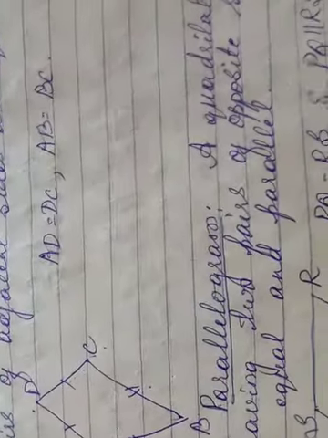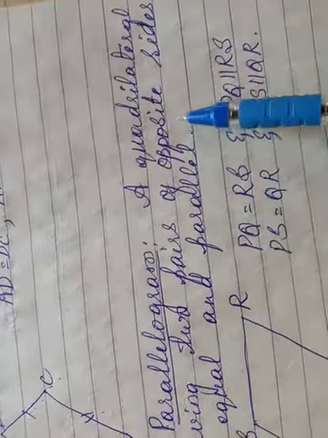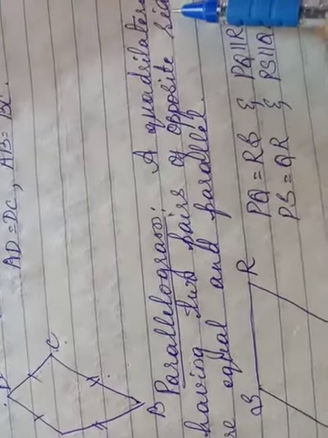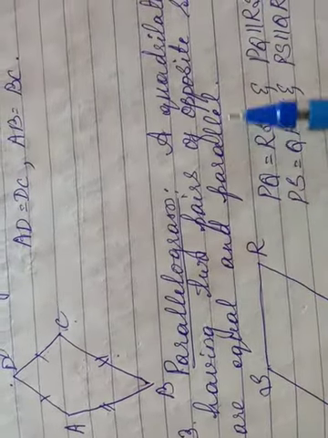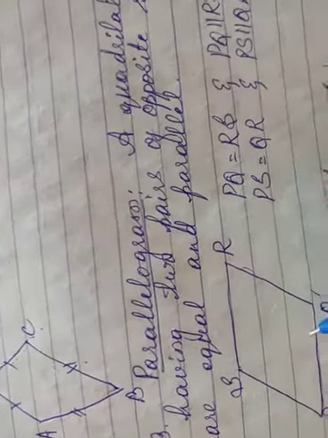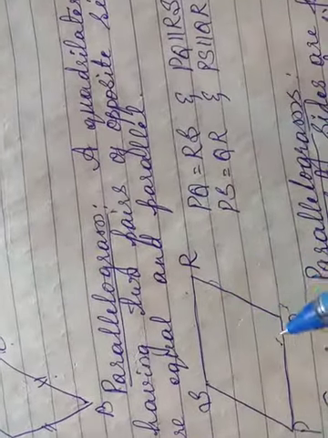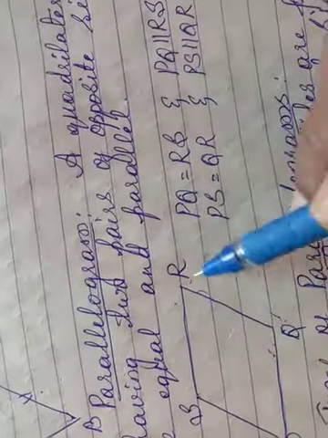Now let us move to the next, the parallelogram. What is a parallelogram? A quadrilateral having two pairs of opposite sides equal and parallel. You can see this is a parallelogram. We can see two pairs of opposite sides: PQ is parallel to SR and PS is parallel to RQ.